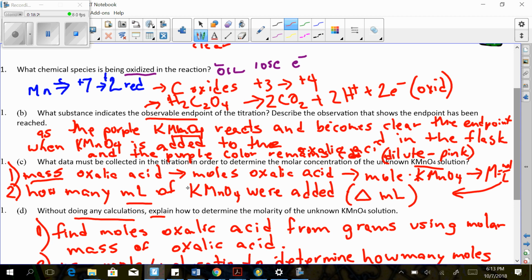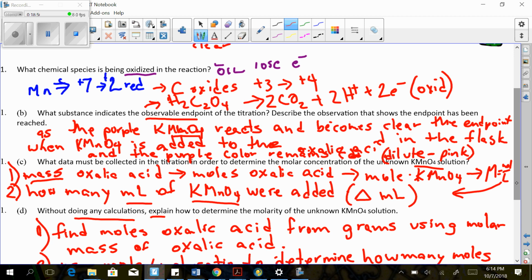Now part C is worth 2 points, as you would expect. 1 point for the mass and 1 point for either saying the change in milliliters or measuring the beginning, the initial and the final number of milliliters in the potassium permanganate burette.